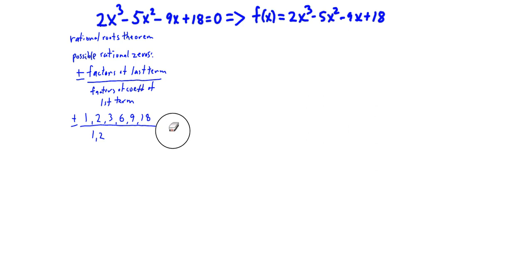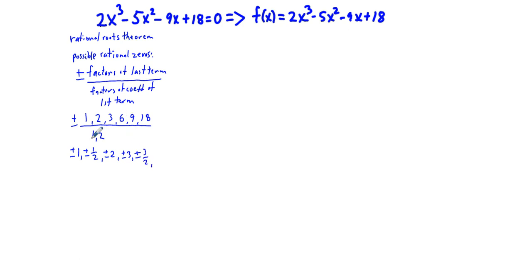Our possible rational roots are 1 over 1, so plus or minus 1, plus or minus 1 over 2. Now 2 over 1 simplifies to plus or minus 2, and 2 over 2 is already represented by 1. Then we have 3 over 1, which is plus or minus 3, and 3 over 2, plus or minus 3 over 2.